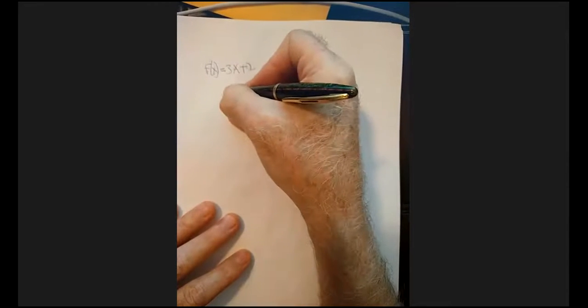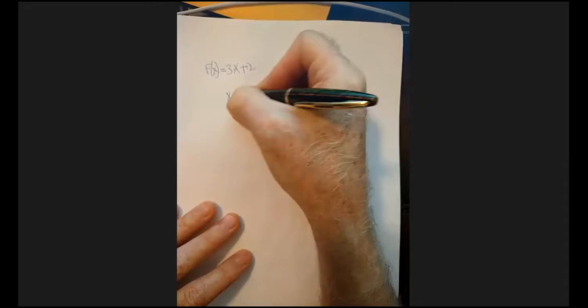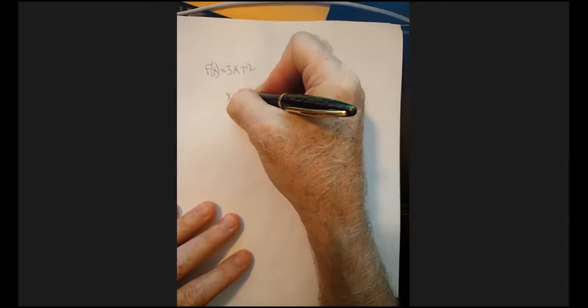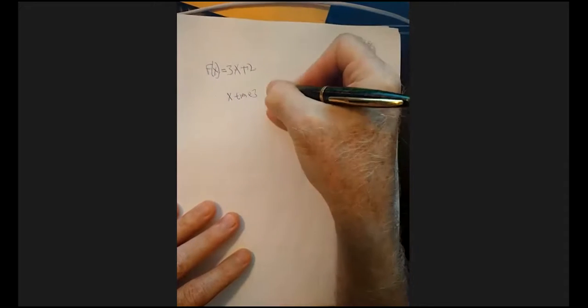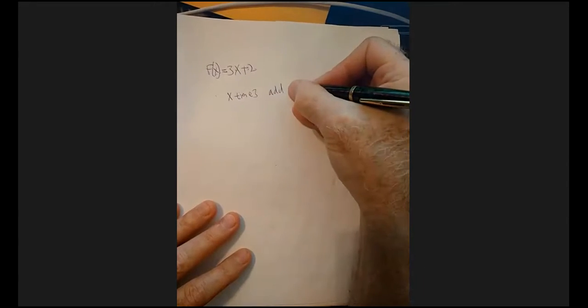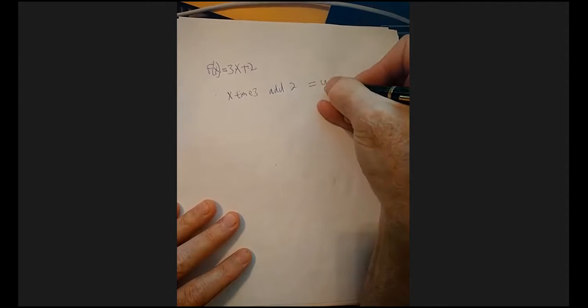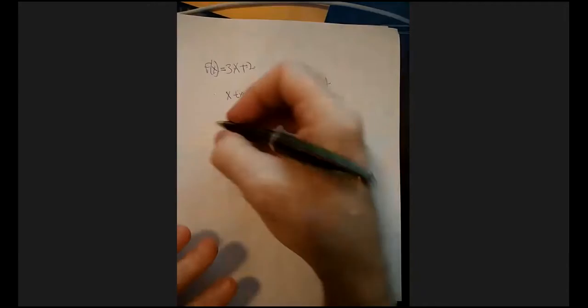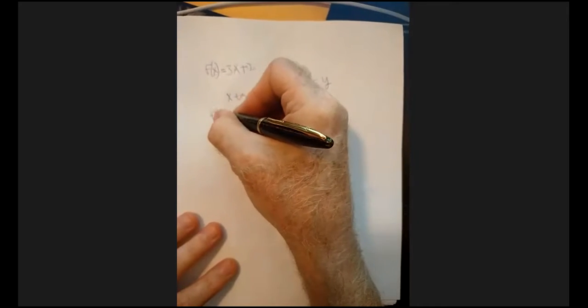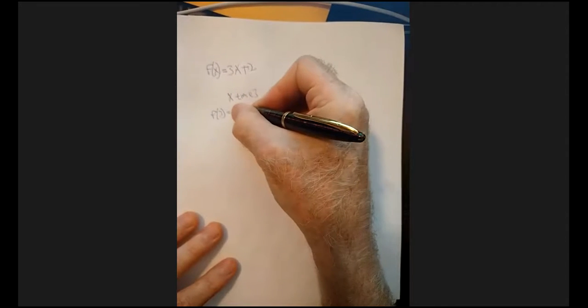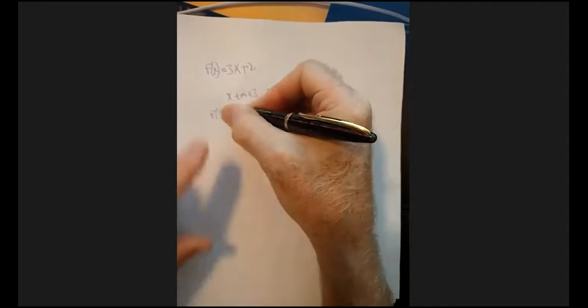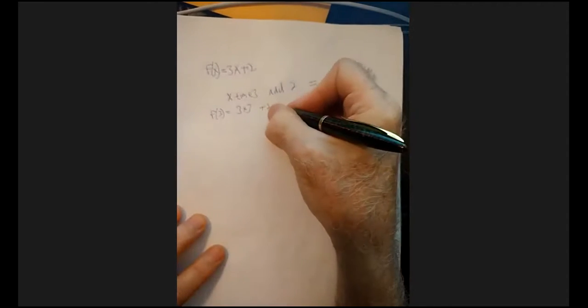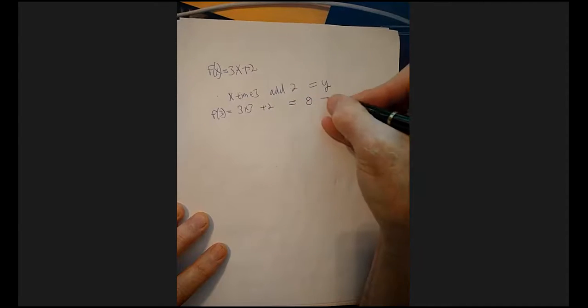This tells me to take x, multiply x times 3, and add 2, and that gives me whatever my y is. So for example, if I had f of 3, I would have 3 times 3, plus 2, so I would have 8. That would be my y.